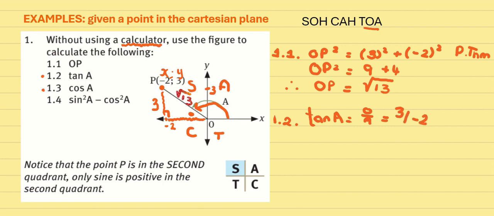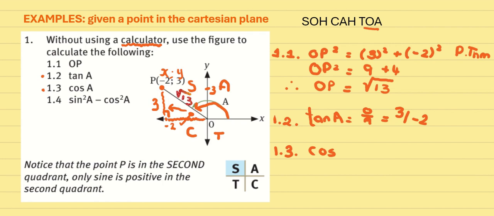So there is our opposite side and here is our adjacent side, and so tan of A is negative 3 over 2, and in the beginning we predicted that this will be negative because tangent is not positive in this quadrant.